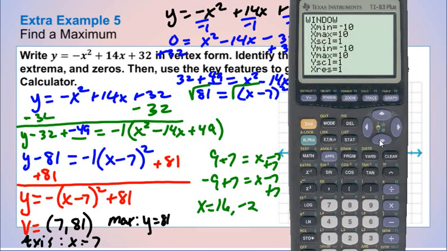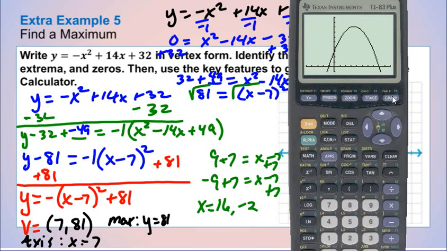So for my x maximum, since I know it has to get at least to 16, I'm going to make this 20. I'm going to count them by twos. My y minimum, keep there. Maximum, I know it has to hit at least 81, so I'm going to just make this 100, counting these by tens. And then if I hit graph, here's that first one that I did.